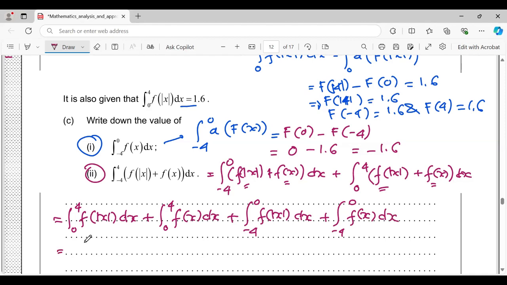Recall that this integral is 1.6. And as well, this integral is 1.6 dx, and plus this, from minus 4 to 0 of f(x), sorry, which one?